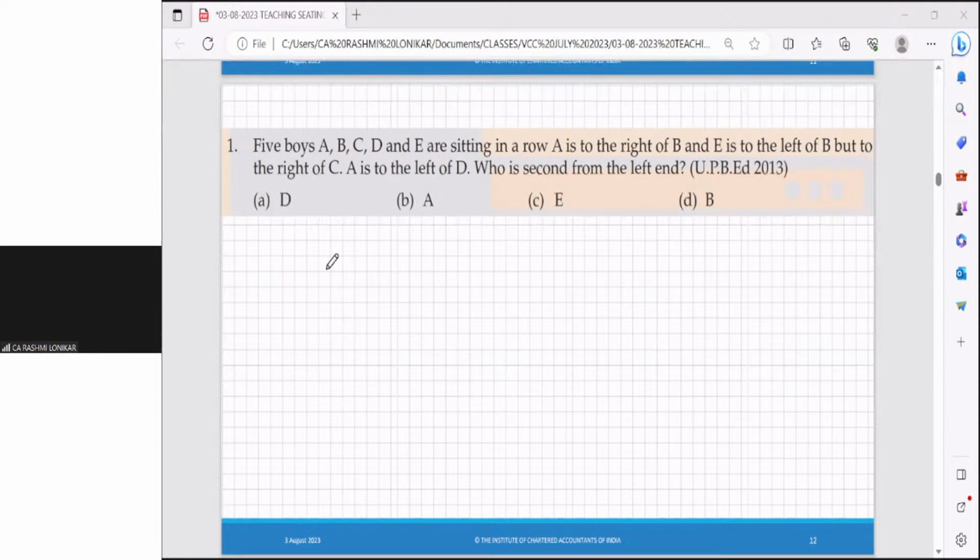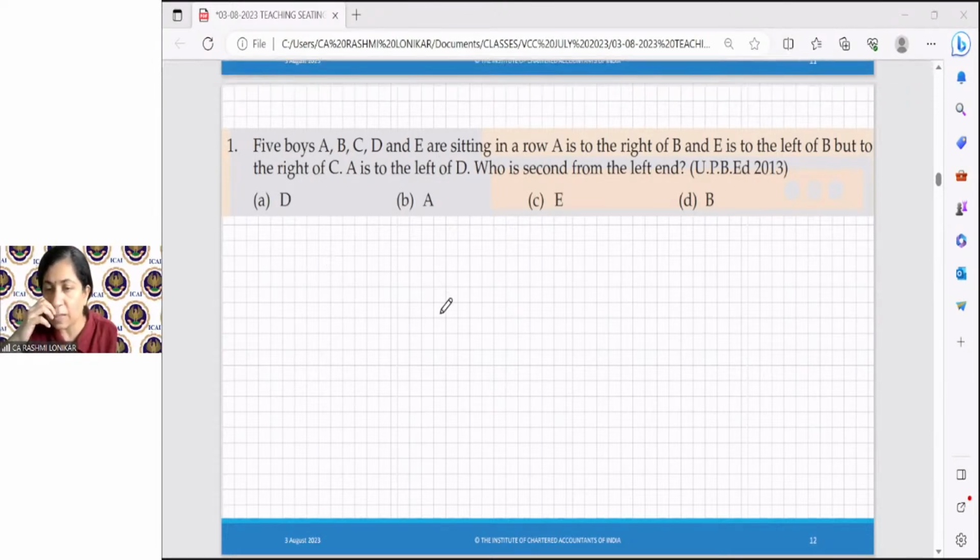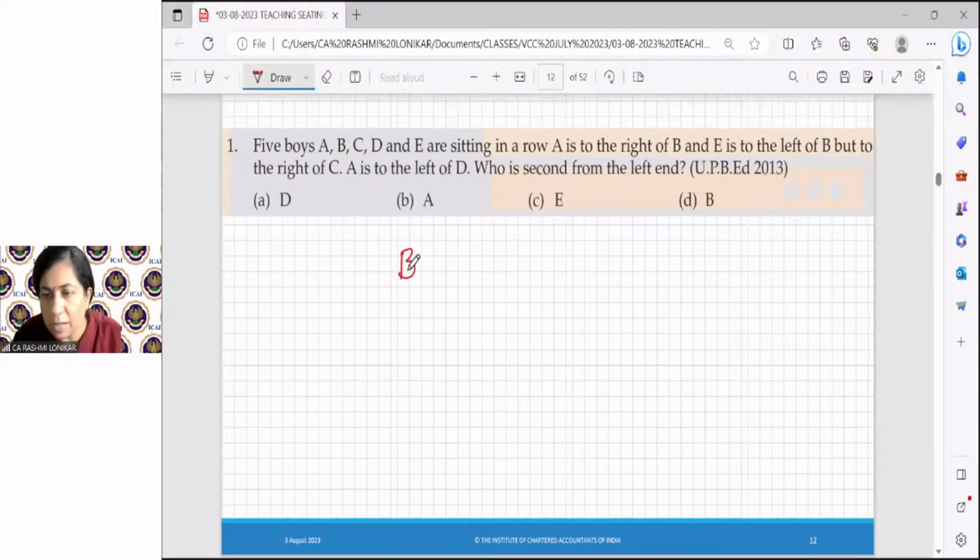Five boys A, B, C, D, E are sitting in a row. Okay, now let us see. A is to the right of B. So I will write B first. A is to the right of B. This is B's left, so A is sitting to the right of B. E is sitting to the left of B but to the right of C. So C, on whose right hand side E is sitting.